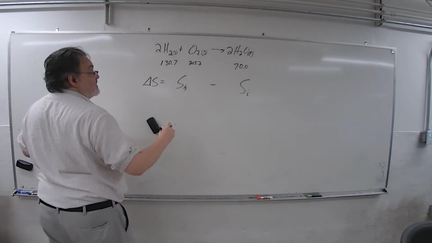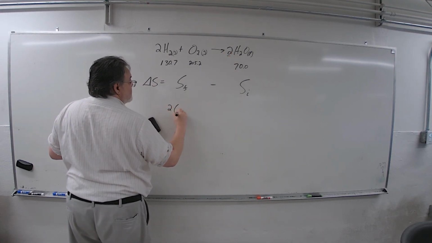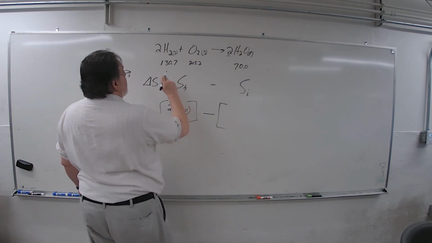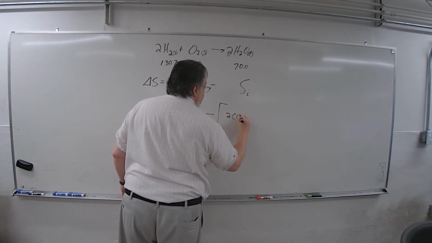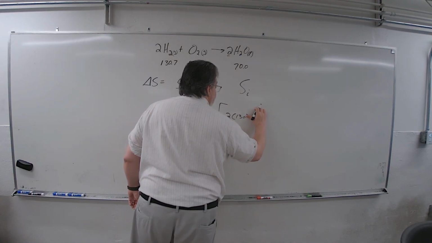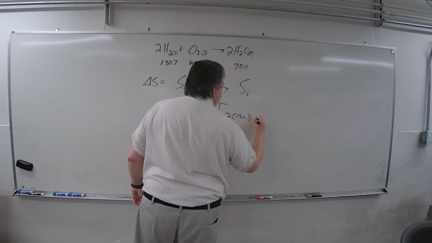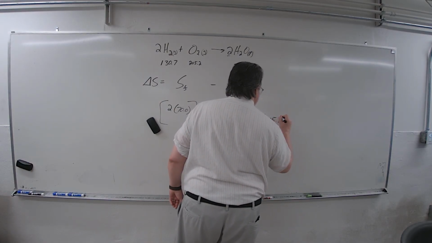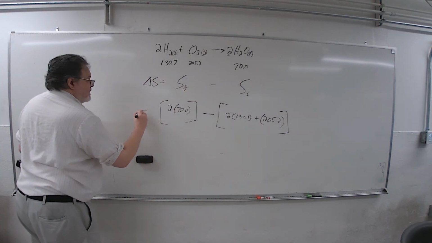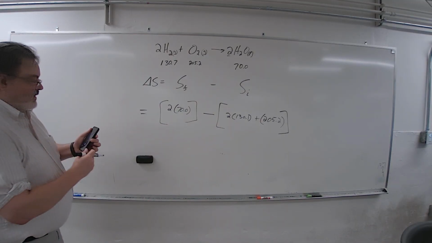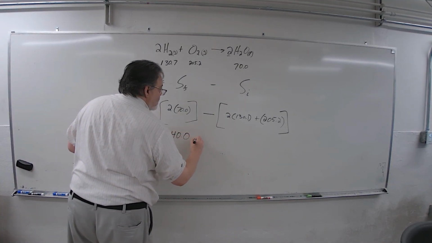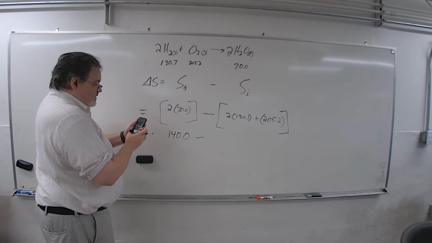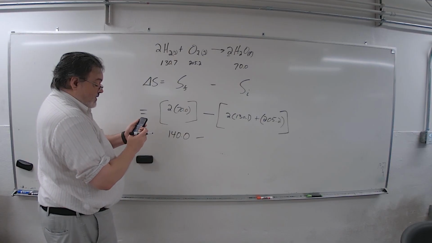S final minus S initial. There's the final, and there's a 2 there, so I'm going to go 2 times, minus, I've got 2 times 130 here. 30.7. And add that to 205.2. Times 130.1.